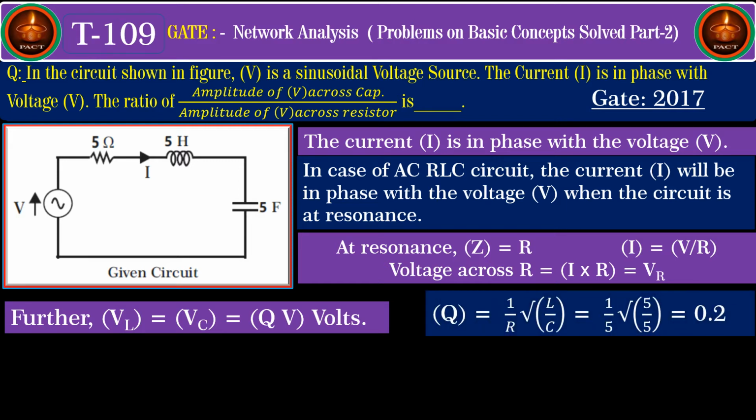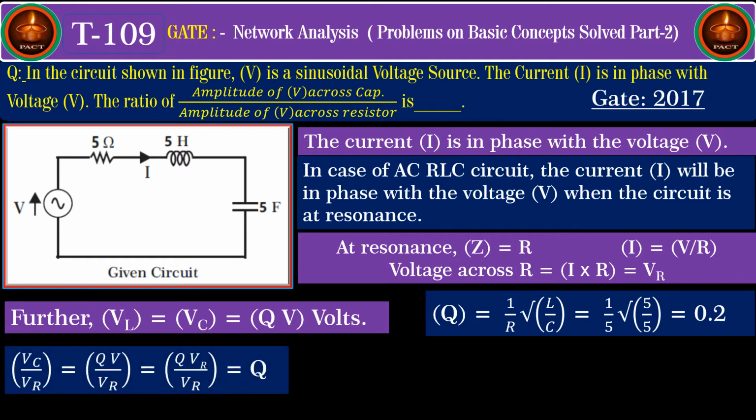So Q is equal to 1 divided by R into root of L by C. By substituting the values and solving, we get Q is equal to 0.2. Now, the ratio of phi C by phi R which we want to find: phi C is equal to Q times V and V is equal to phi R. So it is the ratio of Q times phi R divided by phi R, which is equal to Q. Simple.